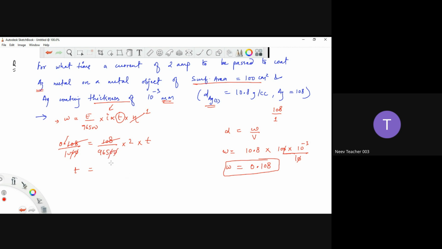You're left with 965 divided by 2 into 10. Correct, right? So half of 96.5, so it will be 48.25 seconds. So that will be your time.